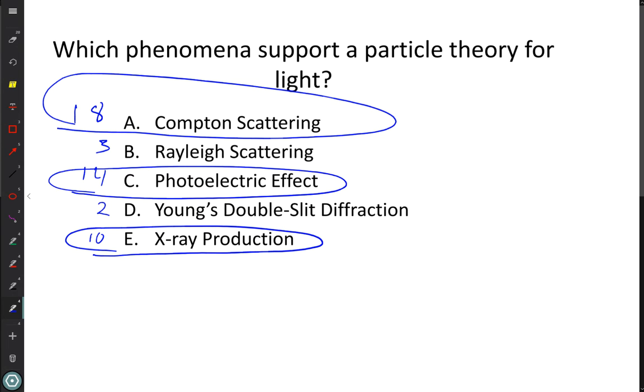Rayleigh scattering. I'm guessing a lot of people don't even remember talking about Rayleigh scattering. Rayleigh scattering is what makes the sky blue. Remember we talked about why the sky is blue? And that's caused by what I said when I talked about the wave theory's idea of what causes scattering. We have light coming from the sun.